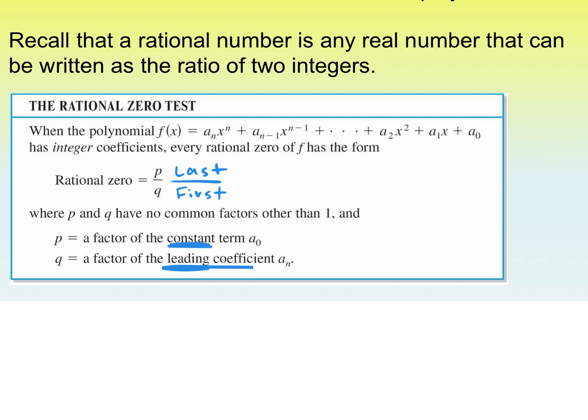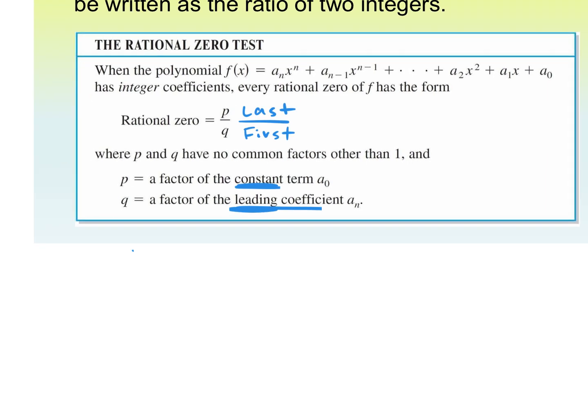They're not all going to be zeros of our polynomial, but we have to test them and see if they are zeros. So to test them, we use synthetic division. What do you think we're looking for when we use synthetic division to see if it's a factor or not?